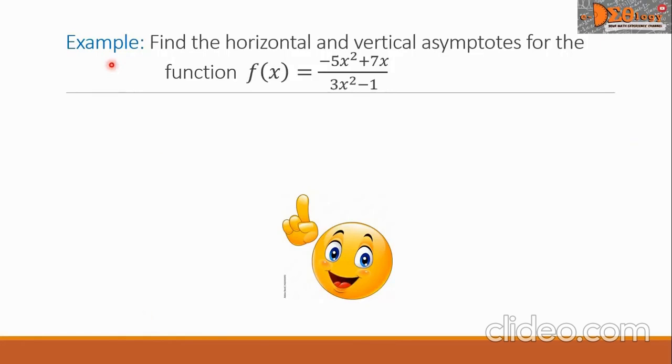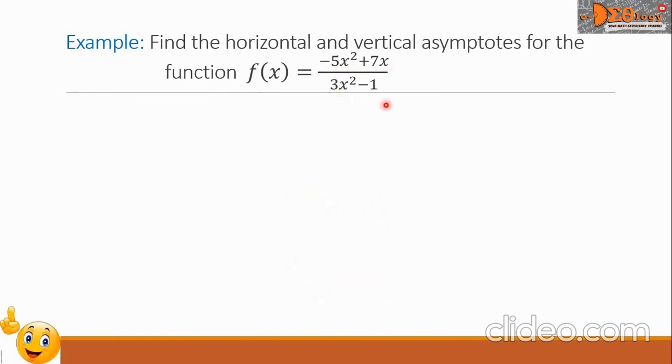Let us see this example. Find the horizontal and vertical asymptotes for the function f of x equals negative 5x squared plus 7x all over 3x squared minus 1. Let us begin finding the horizontal asymptote.